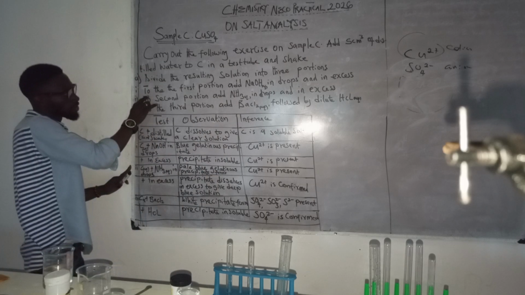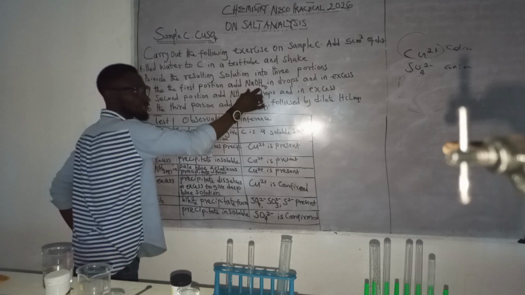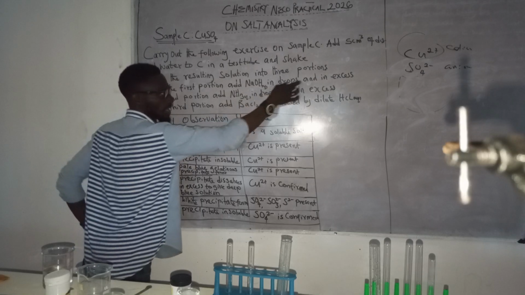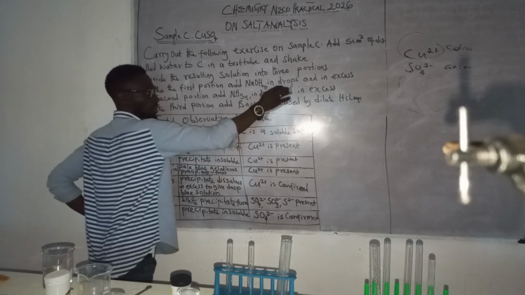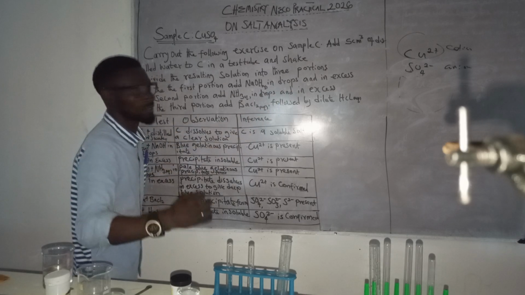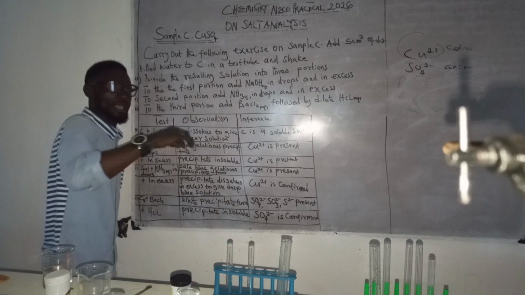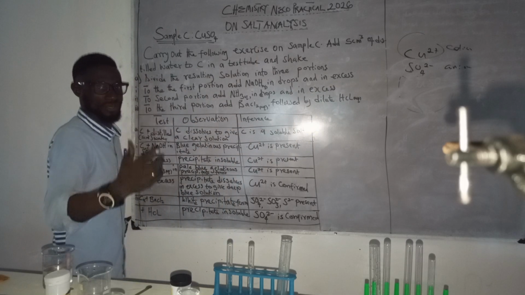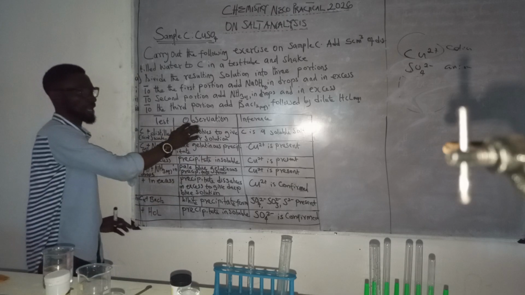Now to the first portion, add sodium hydroxide in drops and in excess. By the time you add in drops, you will see a particular type of chemical reaction. Then when you add in excess, you are also going to see a particular type of chemical reaction. That is the reason why in our table we have observation and what?